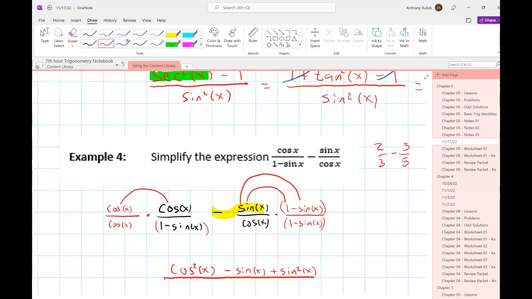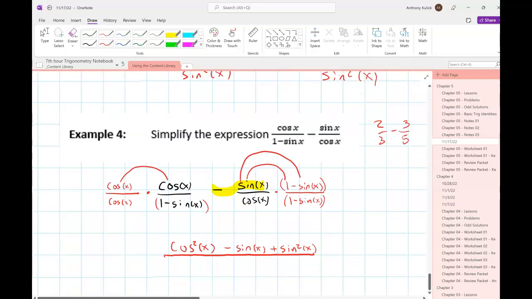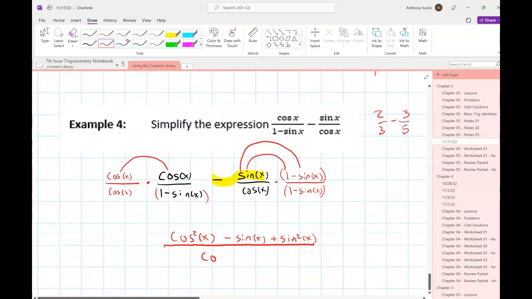And then my denominator. Should I multiply my denominator out or not? Mr. Kulik says not. Let me explain why. When I reduce a fraction, it must be in factored form to be able to reduce. Look at the denominator as I've written it without doing the multiplication.